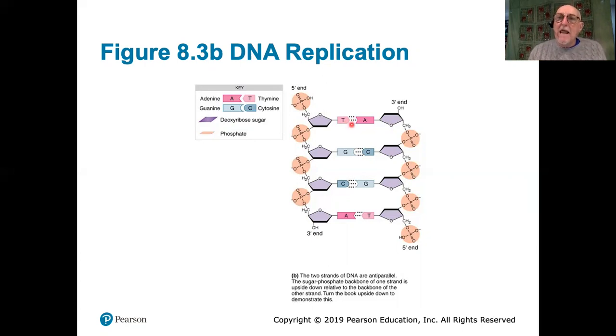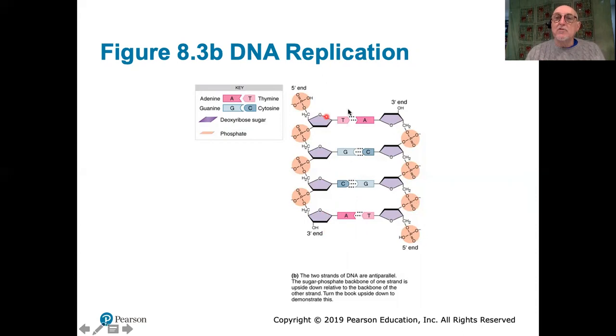Very weak bonds, but remember there's a gazillion of them. These are very long molecules with many, many, many of these hydrogen bonds. So the DNA molecule is actually very, very stable. Under normal conditions in the cell, the DNA molecule is extremely stable because of how common these hydrogen bonds are and because of the strength of these bonds down the backbone.